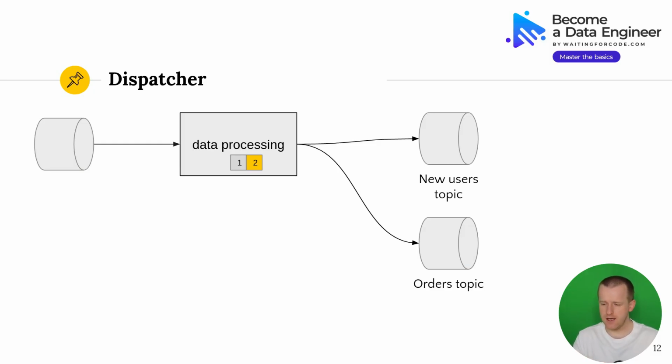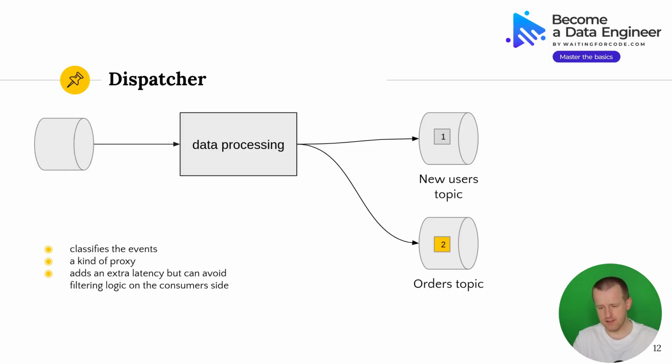So here we have a kind of dispatcher consumer that takes these two gray and yellow types of data and writes them to corresponding specialized topics from where you can plug other consumers that will have much less data to process. And that's exactly the purpose, the events classification.